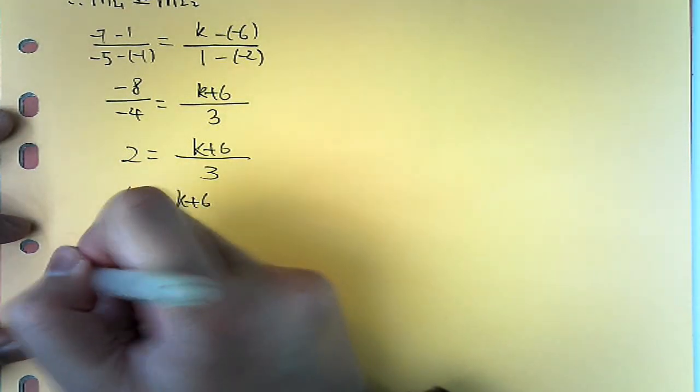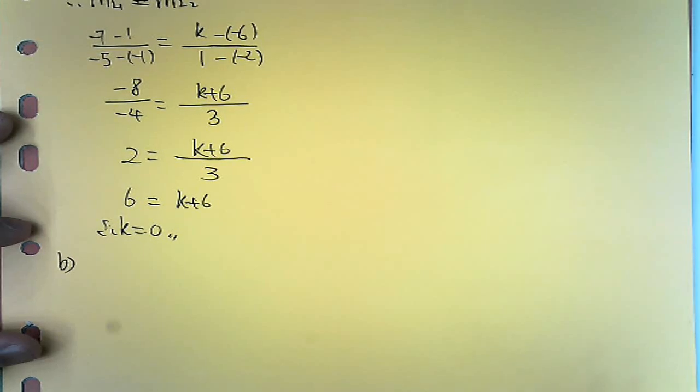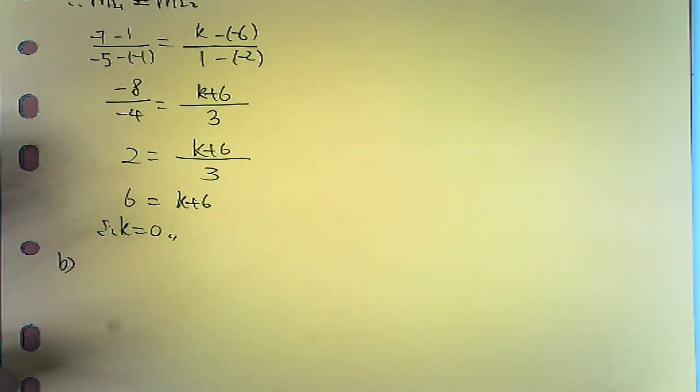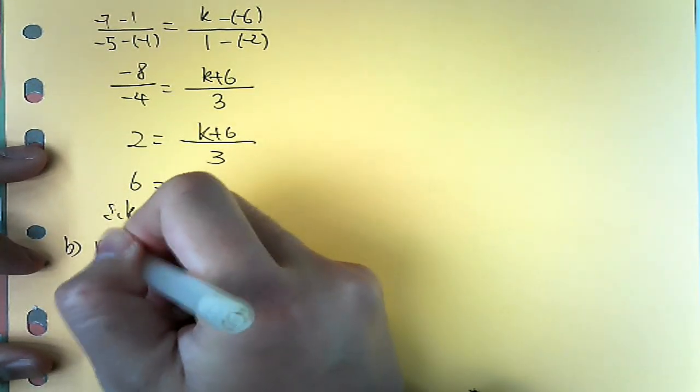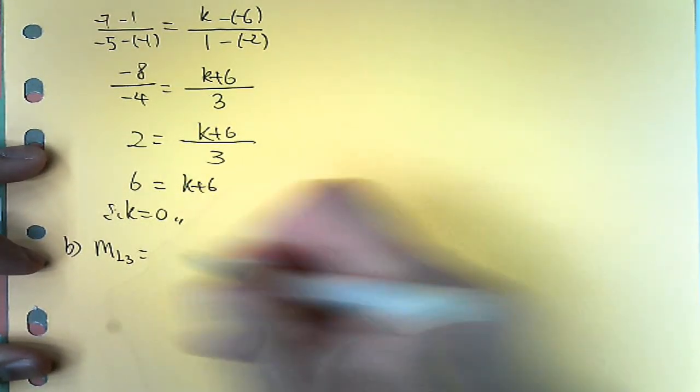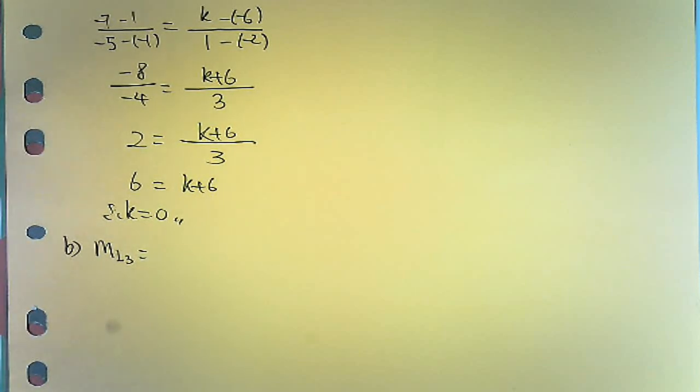And then go to B. So L3 is a straight line passing through B and D. Okay, you have B and D point. So is L2 perpendicular to L3? So you have to calculate the slopes of L3, right? So calculate the slopes of L3. So ML3 use what point?